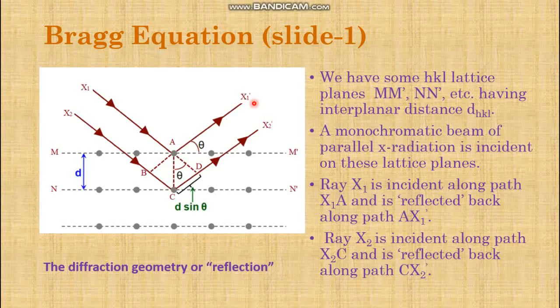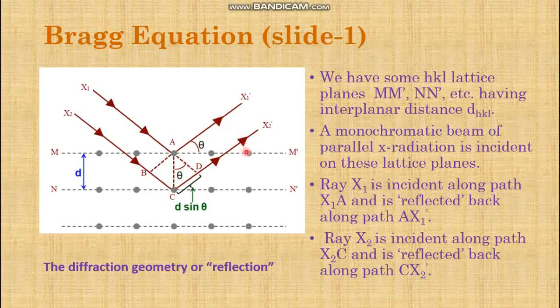Now this m dash plane will reflect in the x1 dash direction, and this x2 will reflect in the x2 dash direction. So when the rays reflected from successive layers are in phase, if these two reflected rays are in phase, then they will undergo constructive interference.